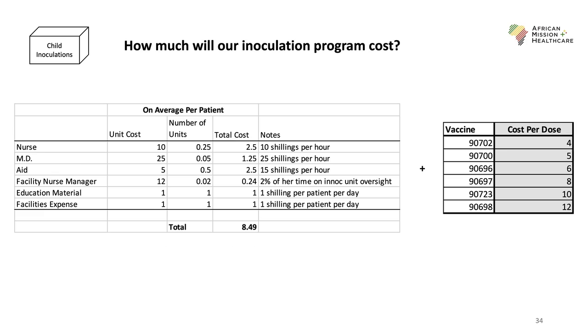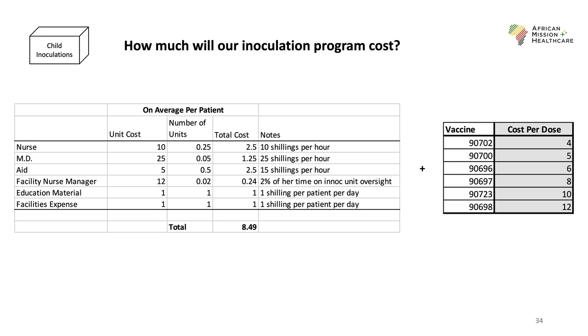So the nurse time might be 10 minutes of nurse time, and I should say 10 shillings might be the unit cost. I might use 1/4 of an hour, 0.25 of an hour of time from that nurse, meaning that the total cost would be 2.5 shillings.